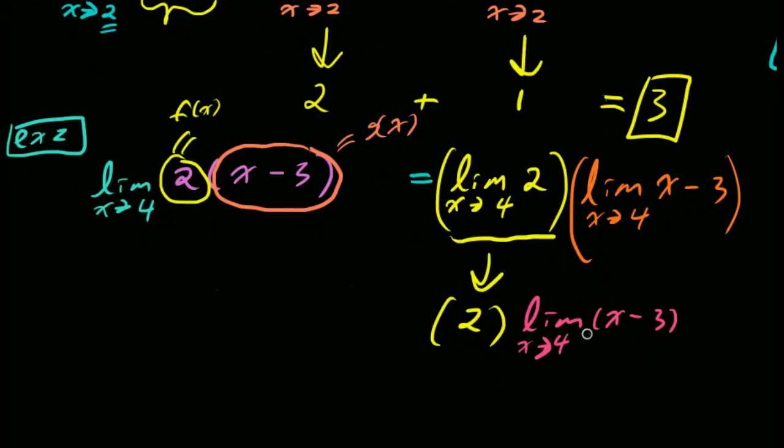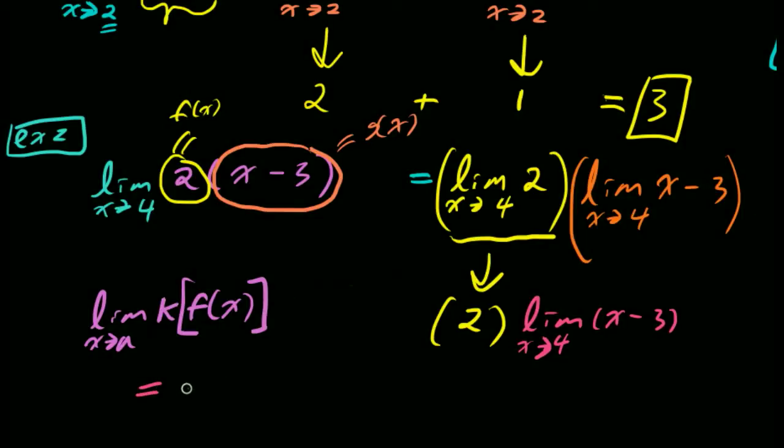And so now we've realized a neat, you could almost call it a new property of limits, where if we have a limit as x approaches some value a of some constant term k times some function f of x, we can just pull this constant term past the limit.